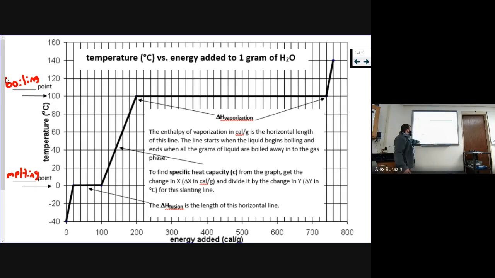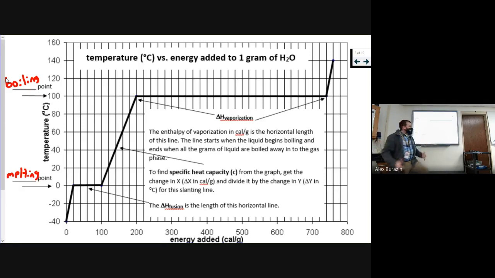Pure substance can be heated or cooled. If I have pure solid, pure liquid, or pure gas of a substance, I can change the temperature as I add heat or remove heat. During a phase change, the temperature is constant. When I have multiple phases of matter at the same time, whether I am adding energy or removing energy, the temperature is constant until I have a pure phase of matter.